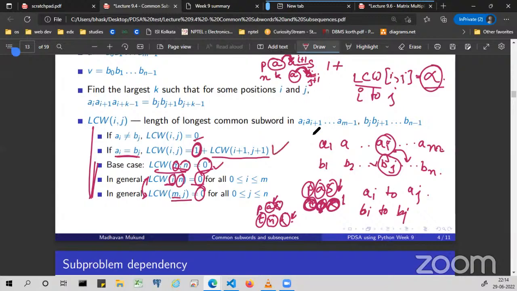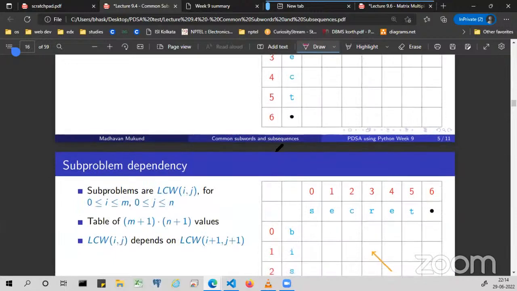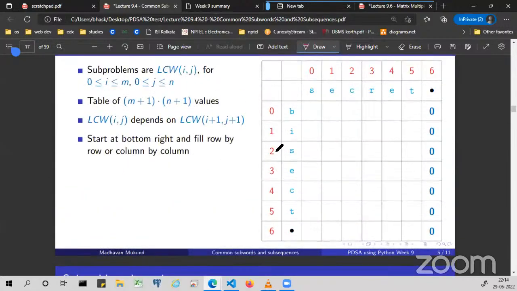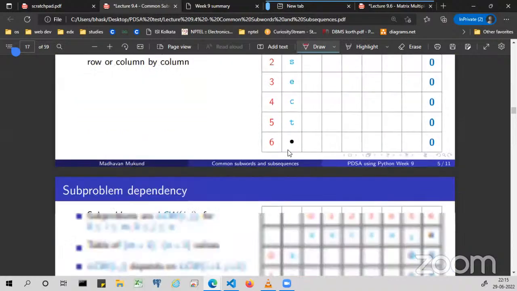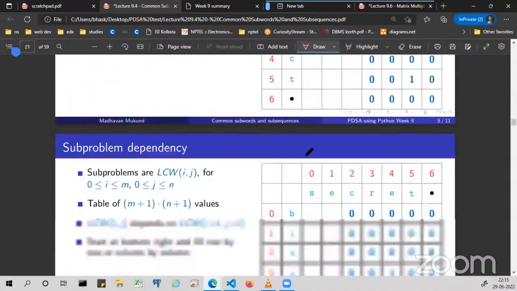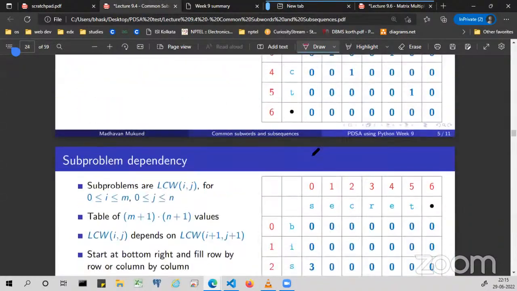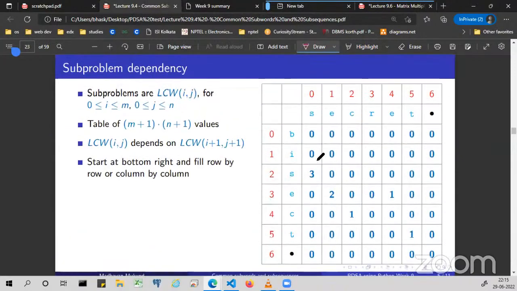Now, once that is done, according to this recursive function, you simply fill up this array. If I come over here, these were our cases, right? If you see, here also we are getting 0. See this matrix over here.